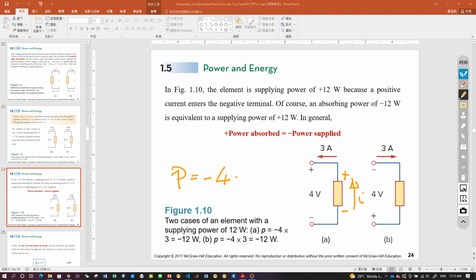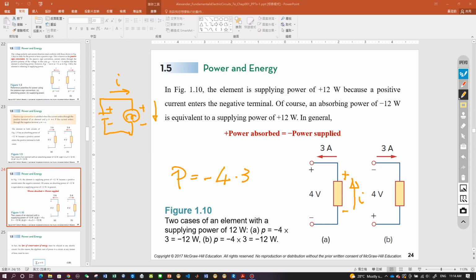There's another way to see this. For example, the first one, of course, you call this 3. Normally we say this is the current, going from the positive to the negative side.